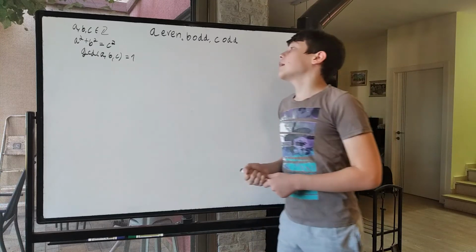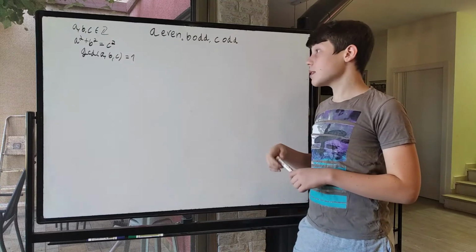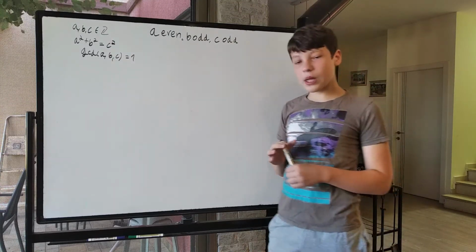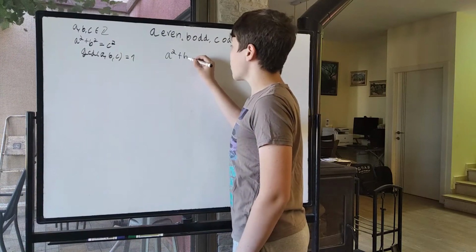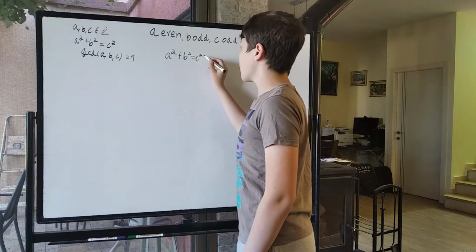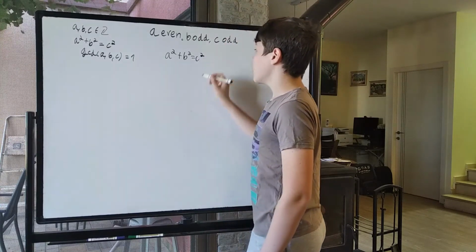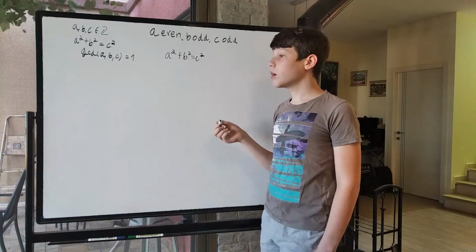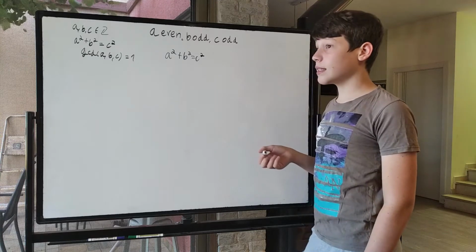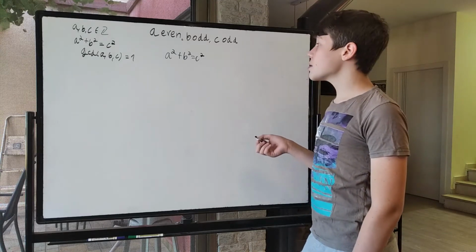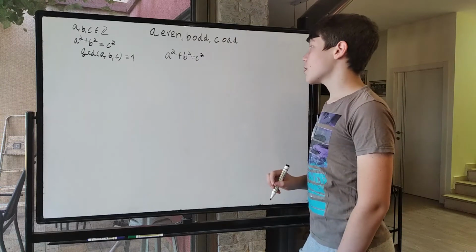Okay, now that we've established that without loss of generality, this is the case that we have, let's work with it. So now let's play around a bit with our equation. A squared plus B squared equals C squared. Well, we know that maybe factoring could help us here, but there is no factoring, at least not with real numbers and sums of squares, but there is with difference of squares.